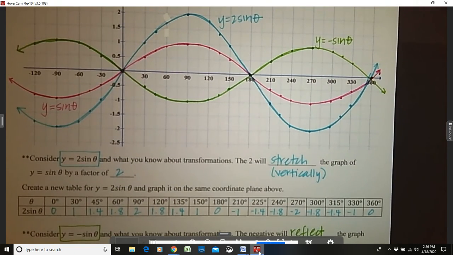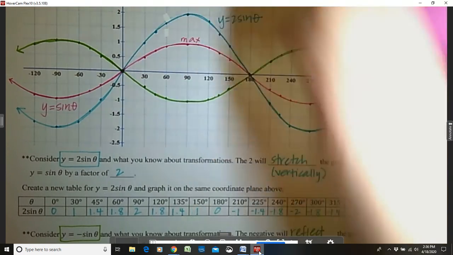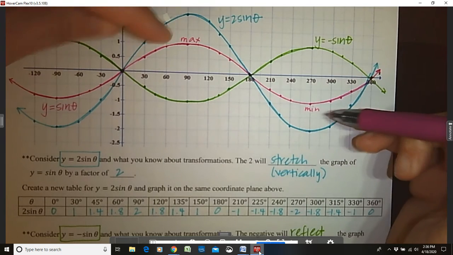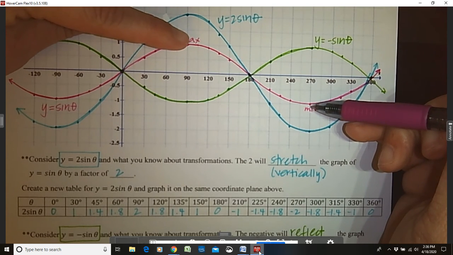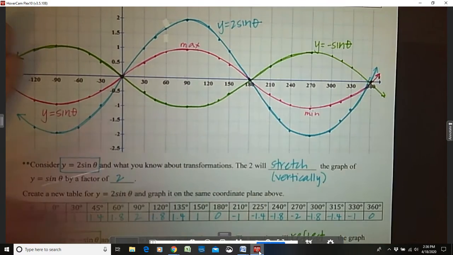So let's go back up to my sine graph here. I don't know if you remember, this is the max that we talked about, and this is going to be the min value. If I think about the distance between those, it's 2, one here and then another one here. So the total distance between the max and the min is 2.